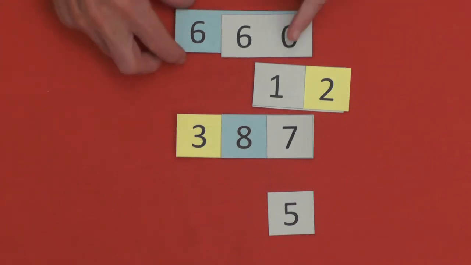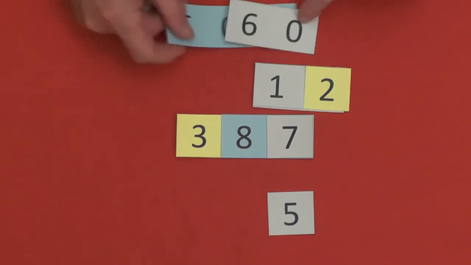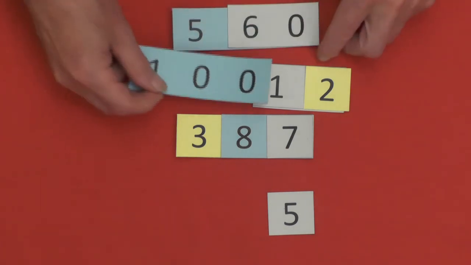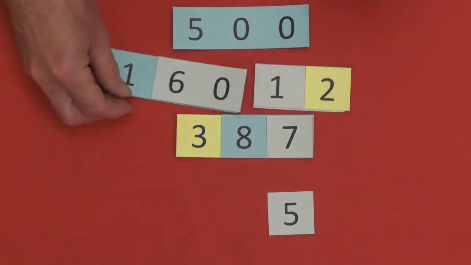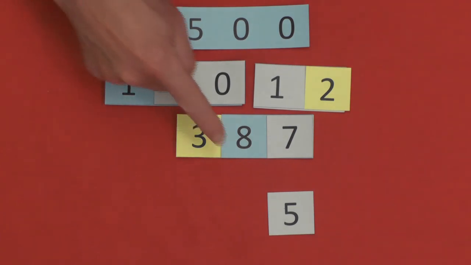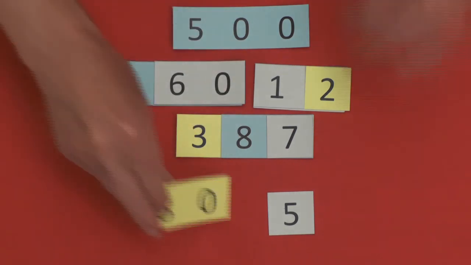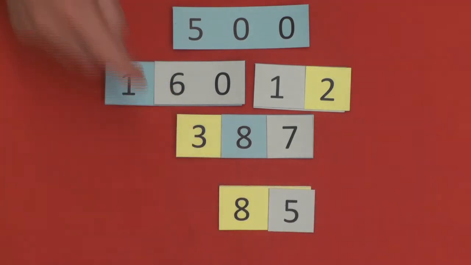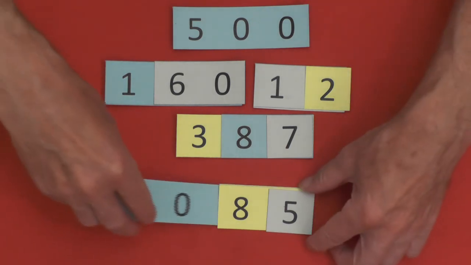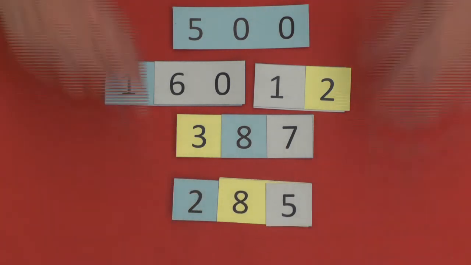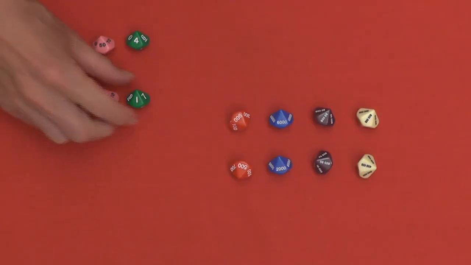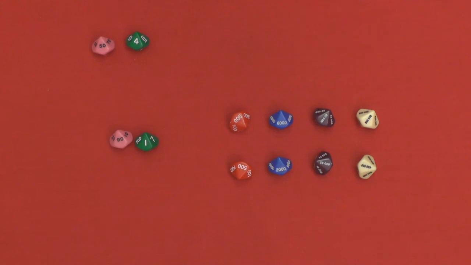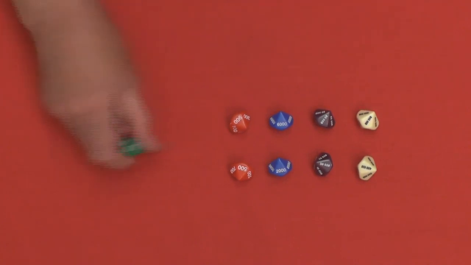So I substitute the 600 for a 500 and 100. So now I have 160 take away 80, which is 80. And last of all, 500 take away 300, which is 200. And that is my result, 285.